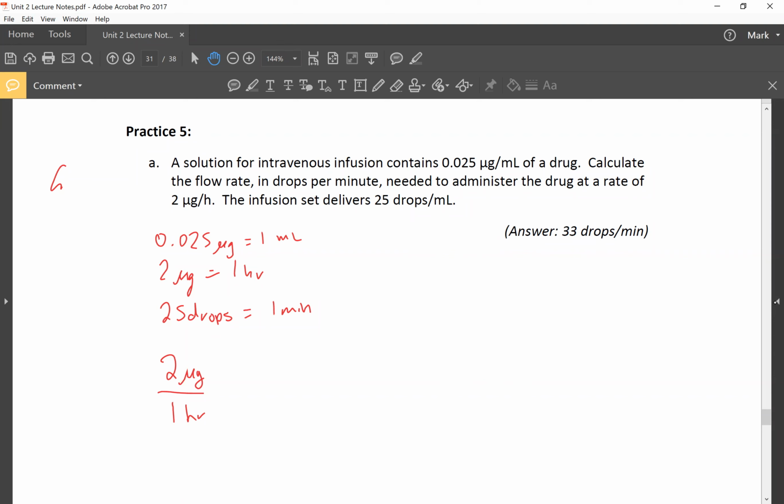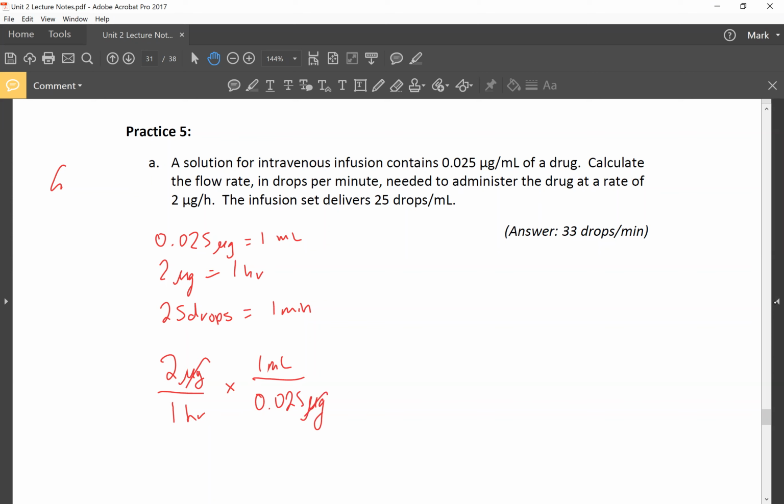I also know that in my solution, one thing I could do is change just the minutes right away, but I'll save that for a second. My solution is 1 milliliter will deliver 0.025 micrograms.